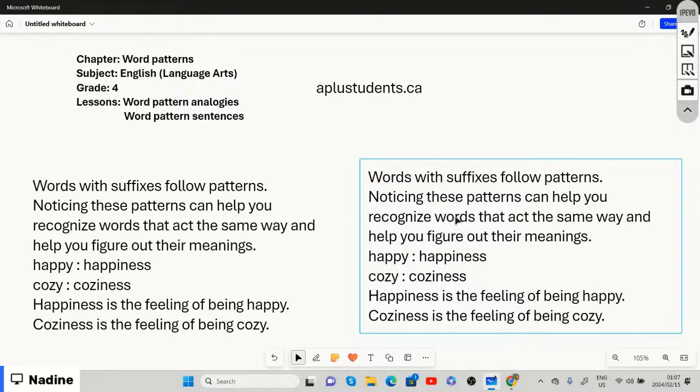And then sometimes the meaning changes of that word, right? So words with suffixes, they follow patterns. And noticing these patterns can help you to recognize words that act the same way and help you figure out their meaning.